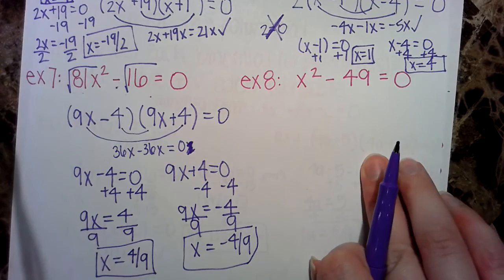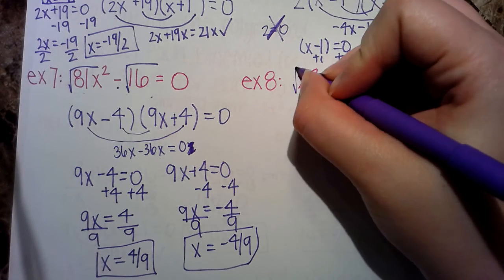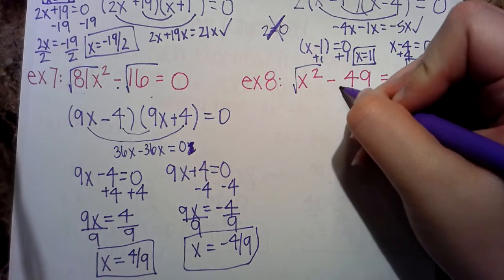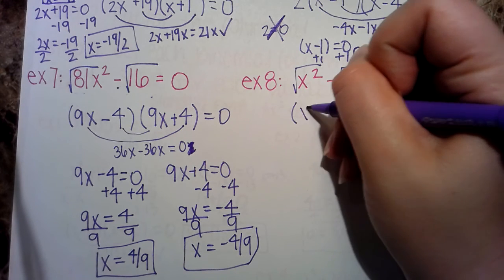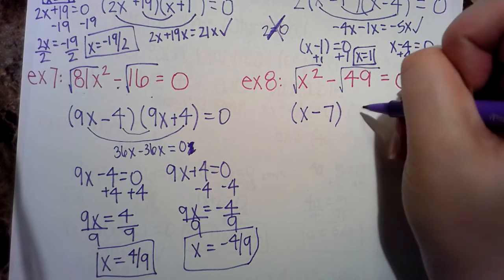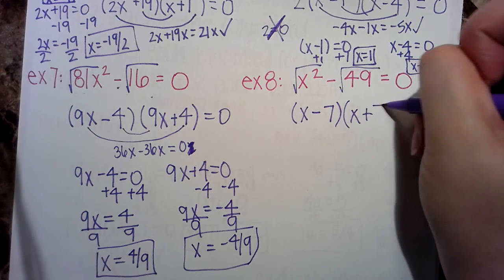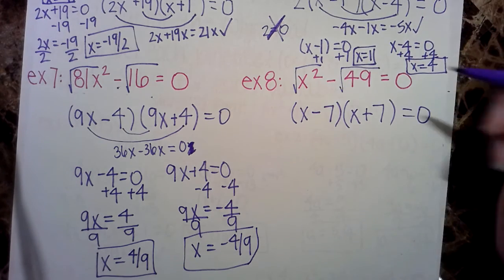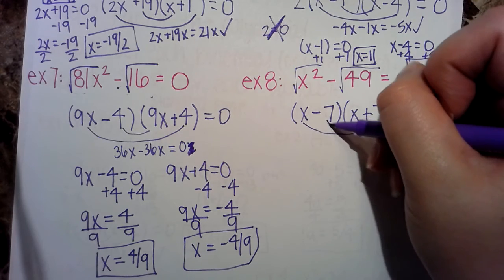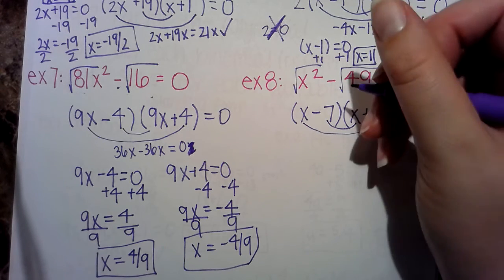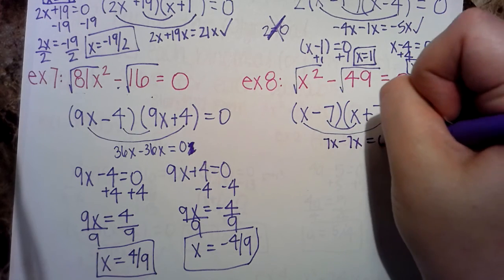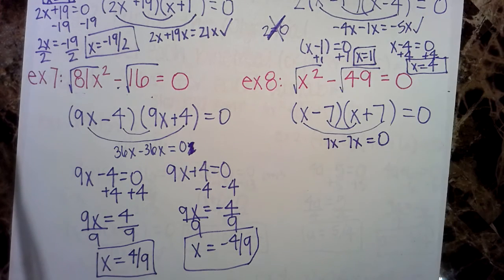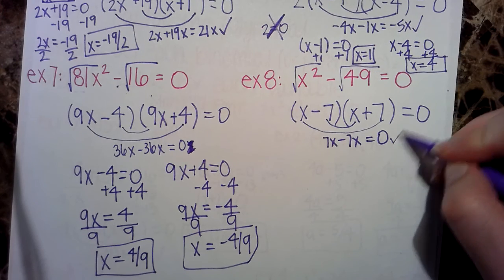This is the same thing too, because you can take the perfect square of x squared and you can take the perfect square of 49. So it's going to be x minus 7 and x plus 7 equals 0. If you think about it, if I multiply the outside and the inside terms, I'm going to get 7x minus 7x, which does give me 0, so I don't have that b value, so that works.